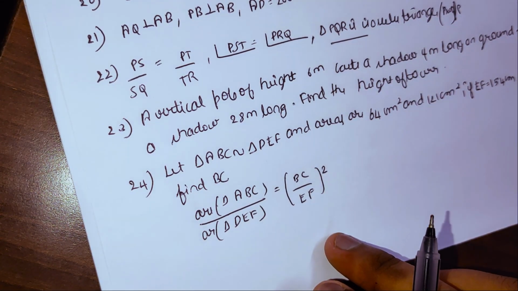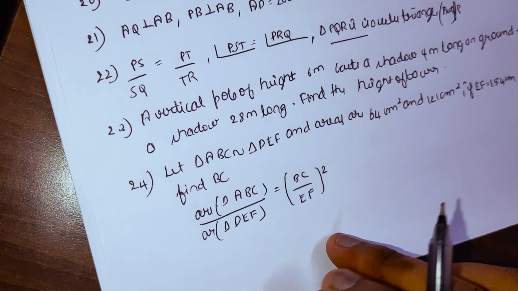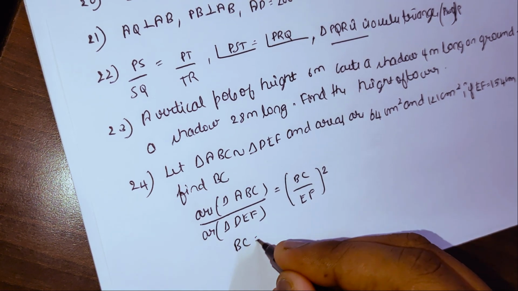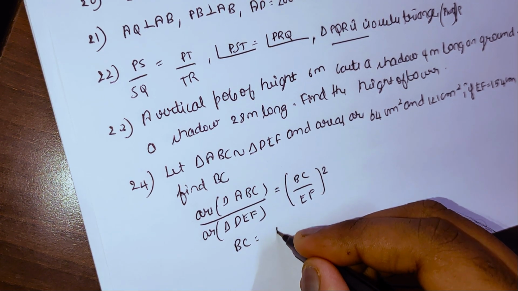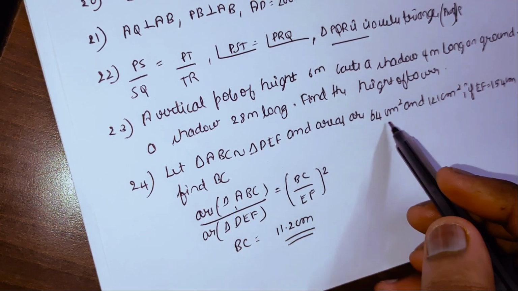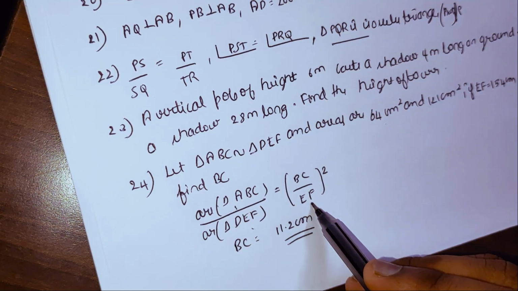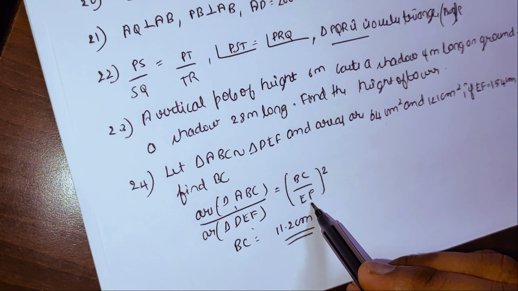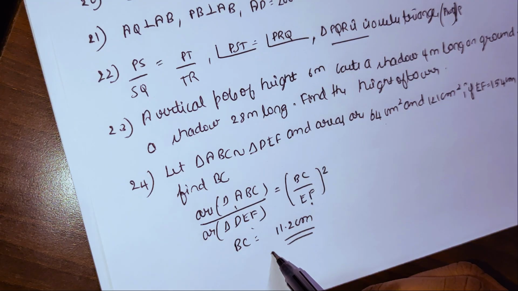Substitute the value of areas. Area of triangle ABC is 64, area of triangle DEF is 121, EF is 15.4. Substitute that and you will get the answer BC is equal to 11.2 centimeter.